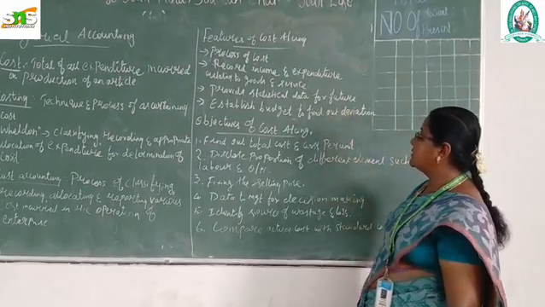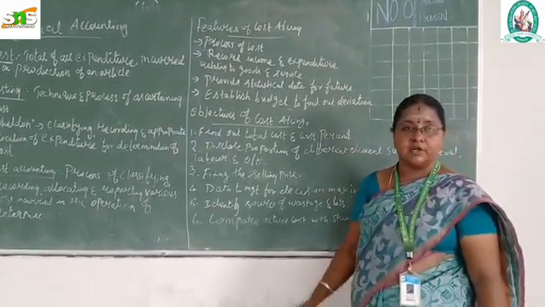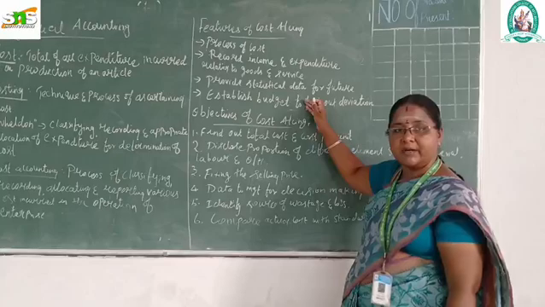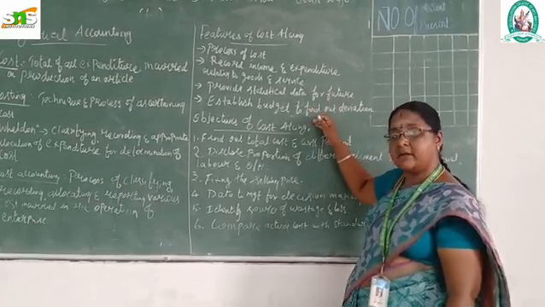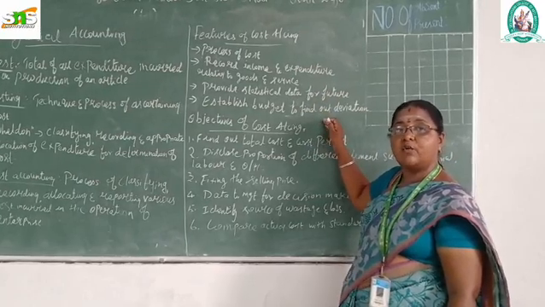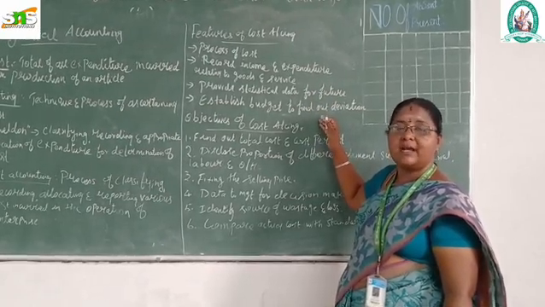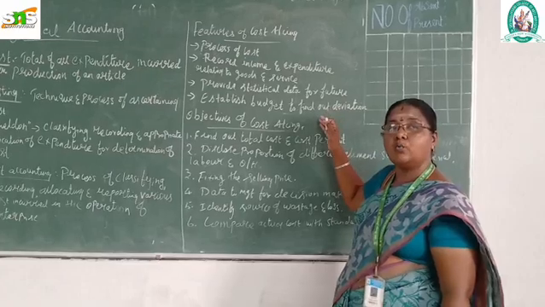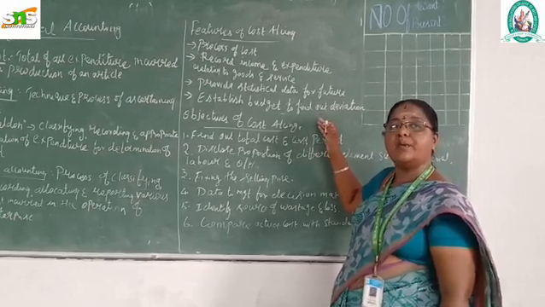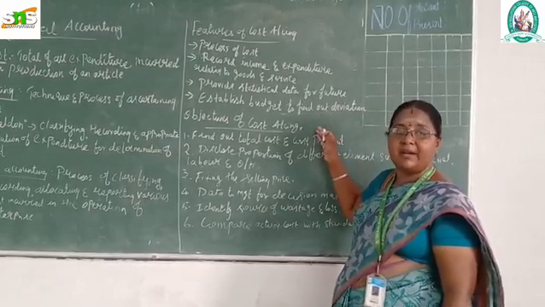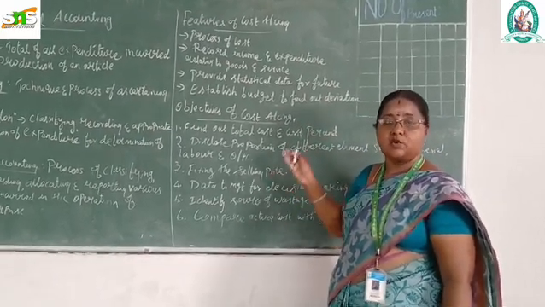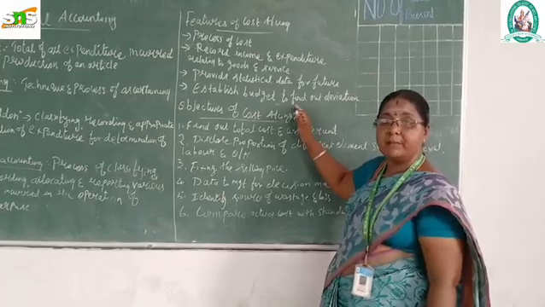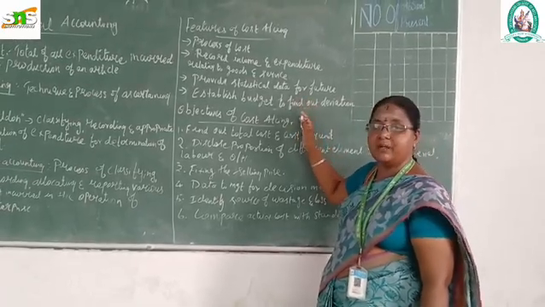The next one is, establish a budget to find out the deviation. Based on the income and expenditure submitted to the management, they establish a budget to identify the deviation. So they can identify the deviation, and segregate and allocate funds separately for material, labor, expenses or overhead. Based on that, the budget will be prepared by the financial department.